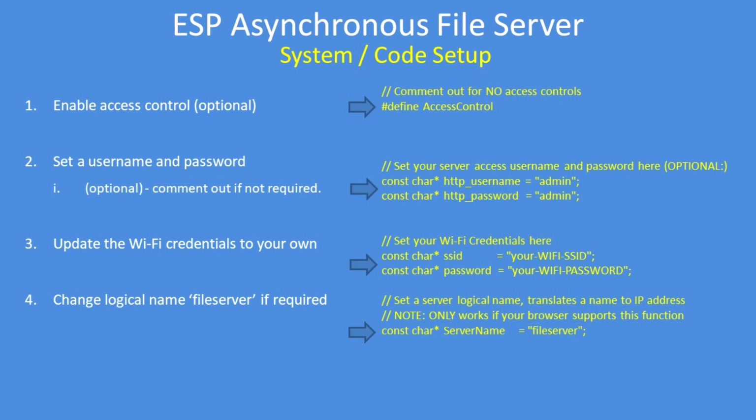Update your Wi-Fi credentials, your SSID and your password. And if you want to change what I'm calling the logical name, just change that server name, that one's called file server, my file server, or music server, or whatever you want to call it.